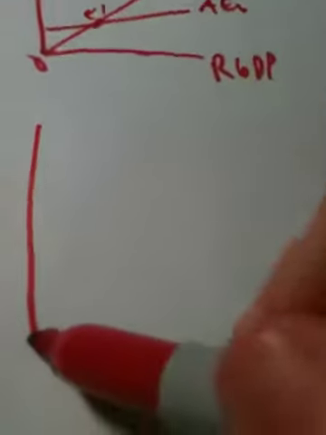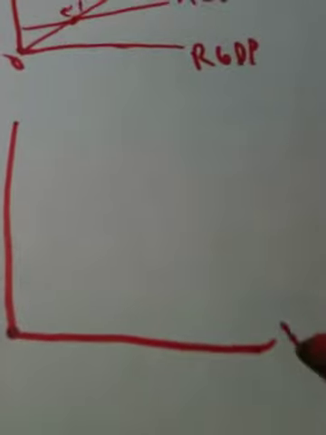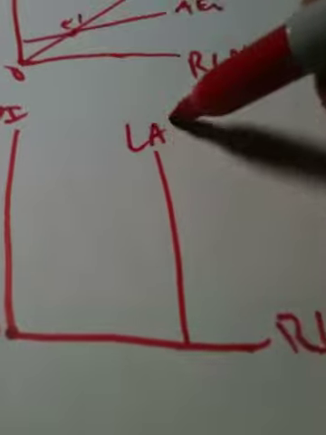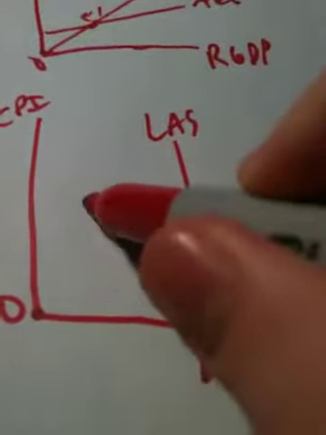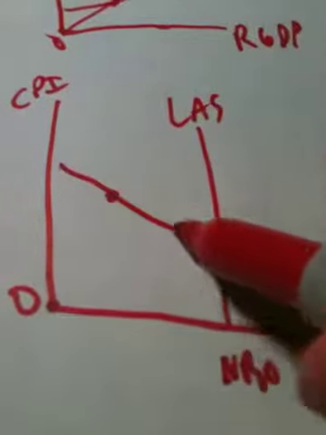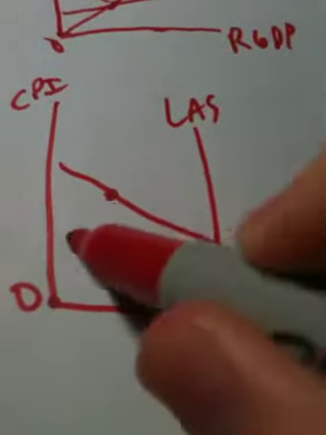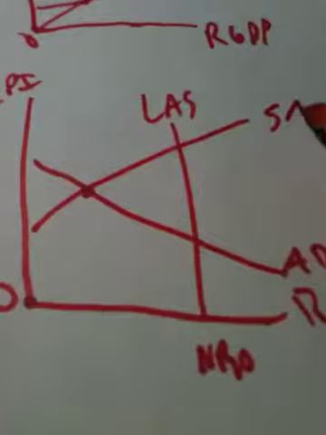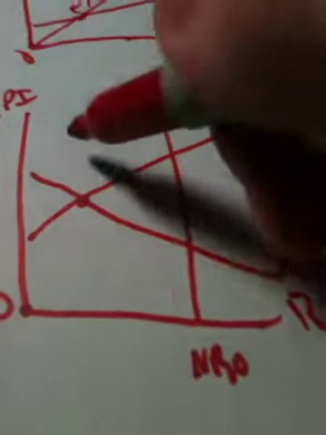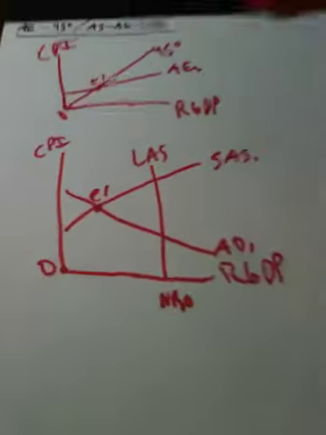I'm not going to write out all the steps, but I will explain everything. So CPI, and then LAS will be right there because they're in a recession, and an arrow, and right here somewhere, AD1, SAS. Okay, perfect. So then that's where we are.